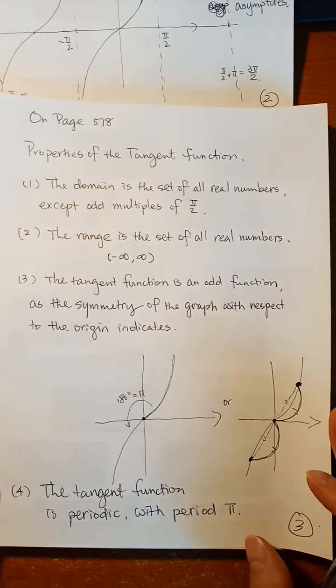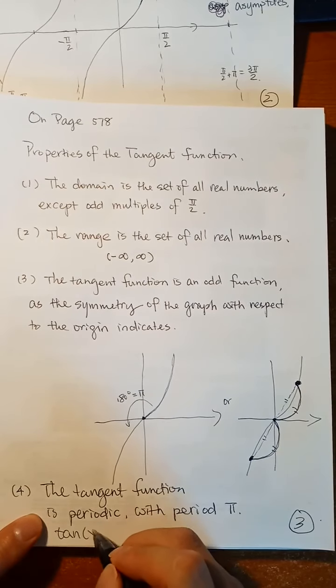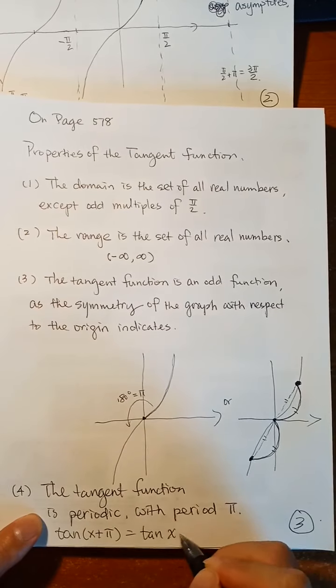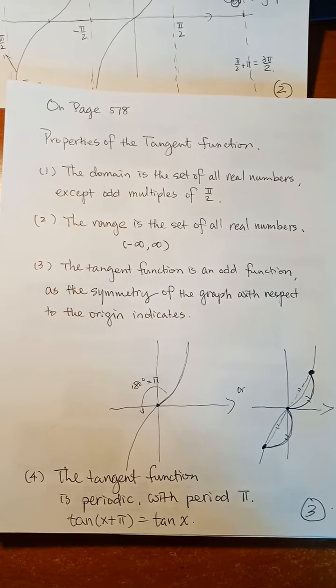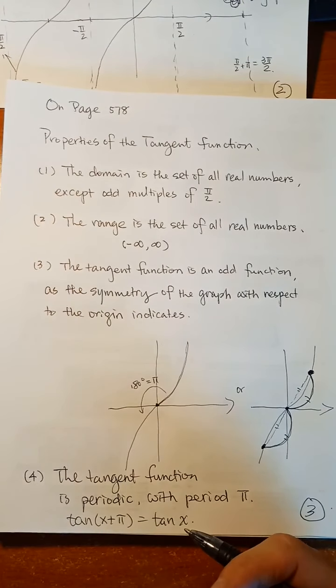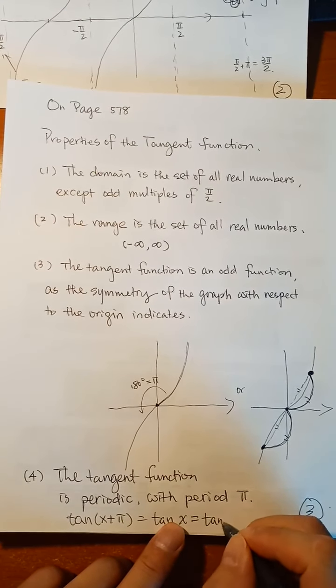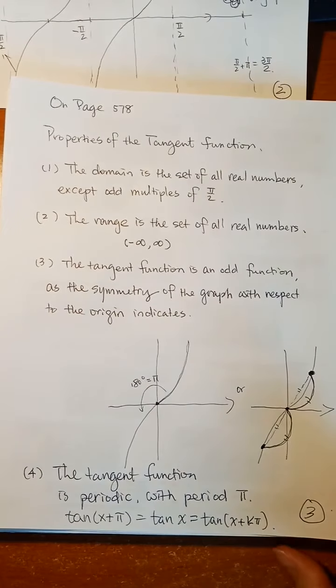So tangent of x plus pi is tangent of x. From this, of course you can say that tangent of x plus k pi, whatever integer multiple of pi, is also equal to tangent of x, for whatever integer, positive or negative.